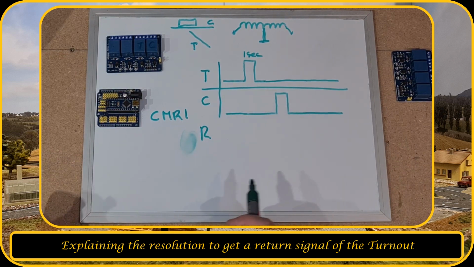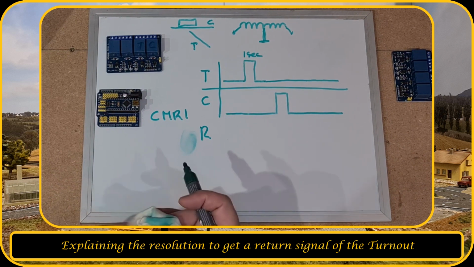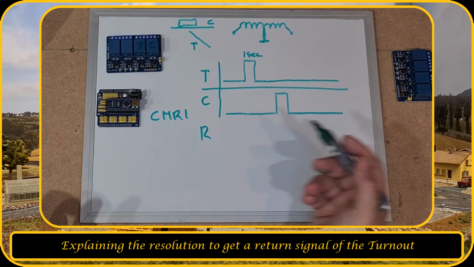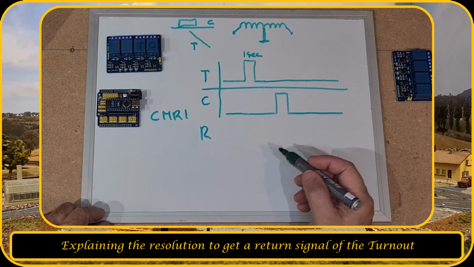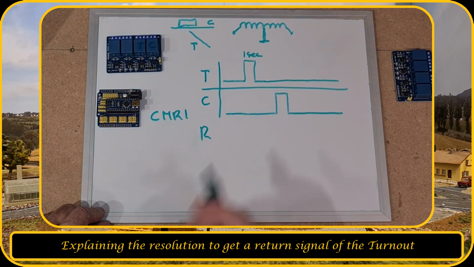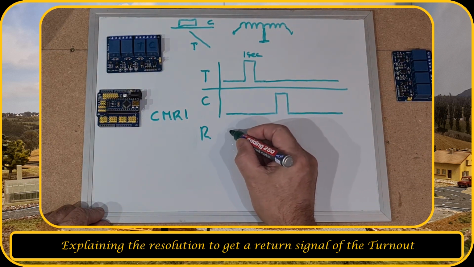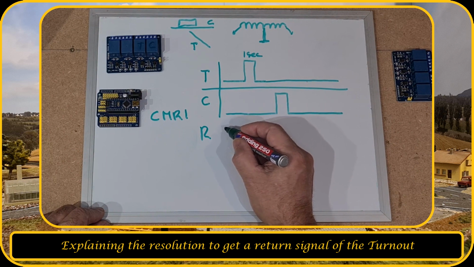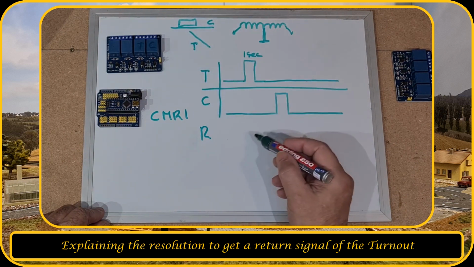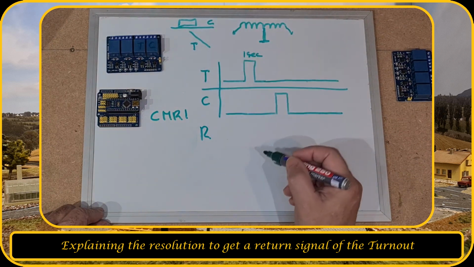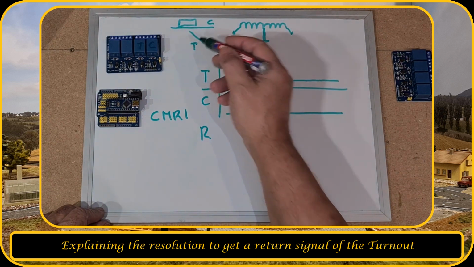And we need to set what we would like to return. So I would do it as follows. If it is a 0, then it is closed, and if it's a 1, then it means it is set to thrown.